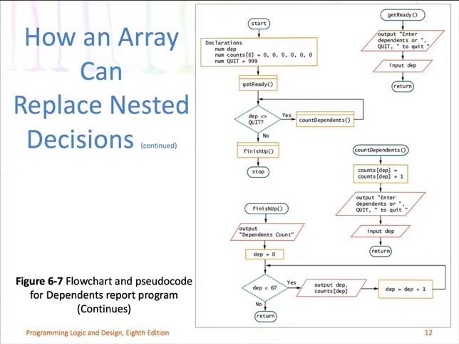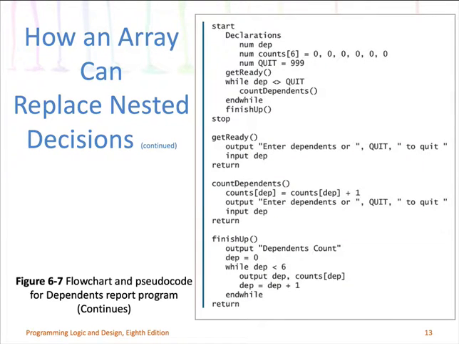Once we print out location 5, the last element of the array, DEP will be incremented to 6. The question 6 less than 6 is false, so we drop out of that and our program will ultimately terminate. So finding ways to tie information to indices or locations in the array can greatly simplify the code and our thought process.